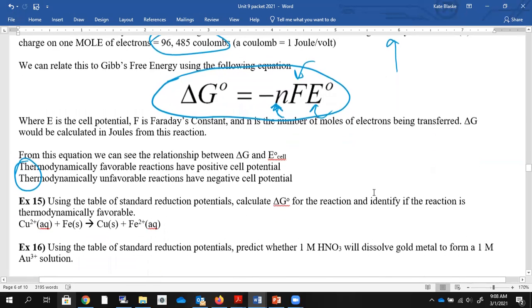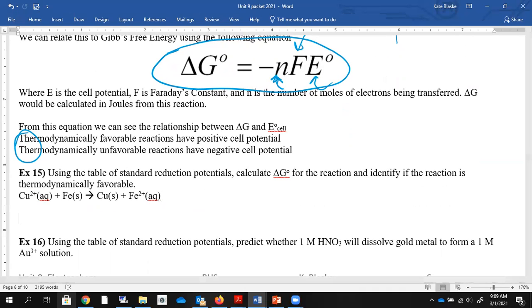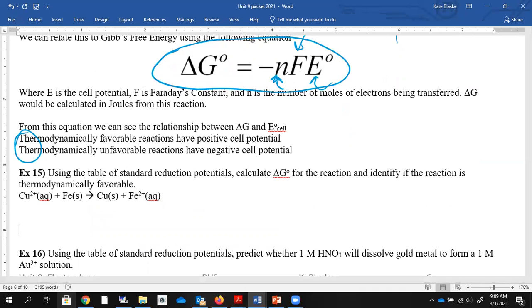So, for example, example number 15: copper 2+ plus iron makes copper and iron 2+. Separate this out as half reactions. I've got copper 2+ making copper metal, and iron metal making iron 2+.